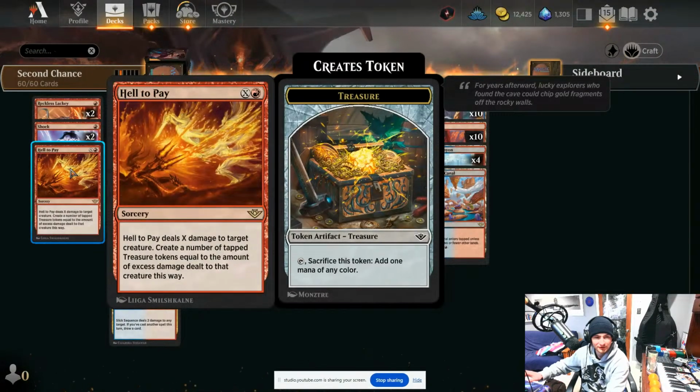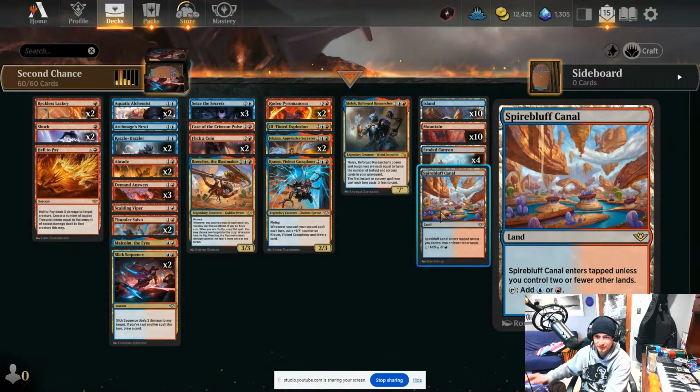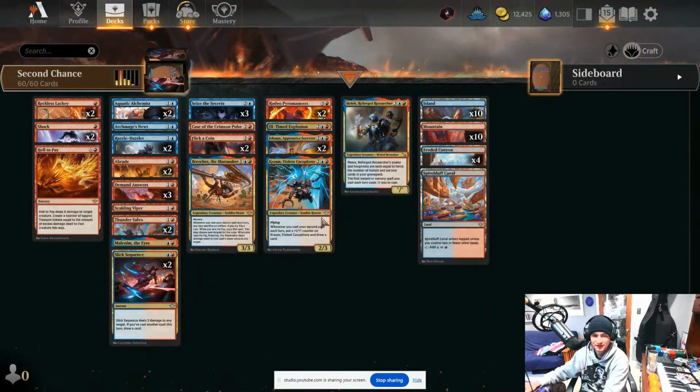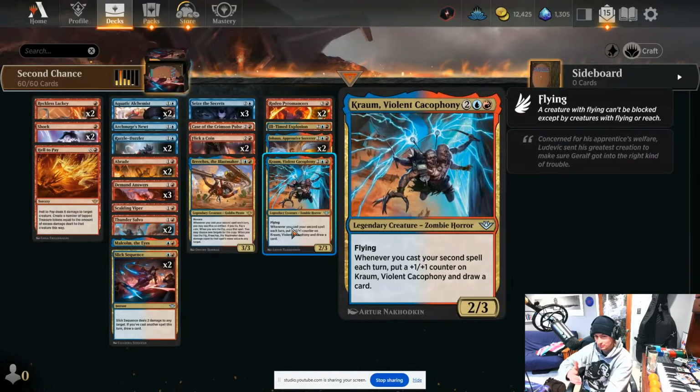And so that's the beauty of cards in Magic, is they have these effects and they're game pieces, but they also tie into this overall story of a world of immense beauty and power. And then each color is like a faction that's fighting and struggling to survive. So we talked about Krem. Let's read his flavor text. "Concerned for his apprentice's welfare, Ludwig sent his greatest creation to make sure Geralf got into the right kind of trouble."